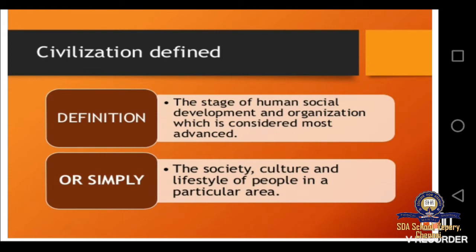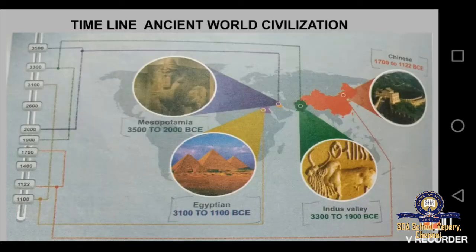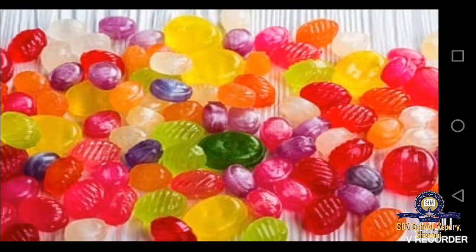It mainly focuses on the society, the culture of the people, and the lifestyle of the people. The timeline of ancient world civilization is: we had Mesopotamia, Egyptian, Chinese, and the Indus Valley civilization. These are some of the major world civilizations that are present from ancient days.